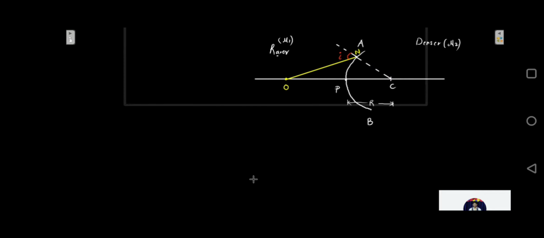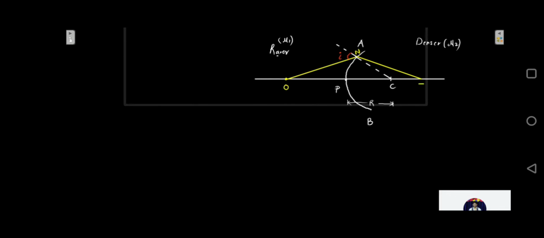So refraction is going to happen because there is a change in medium. It is going to bend. The refracted ray is going to bend towards the normal because the ray is passing from rarer medium to denser medium. So let us say that from N we have a refracted ray, and the refraction is going to happen over here, and it is going to form an image on the principal axis.